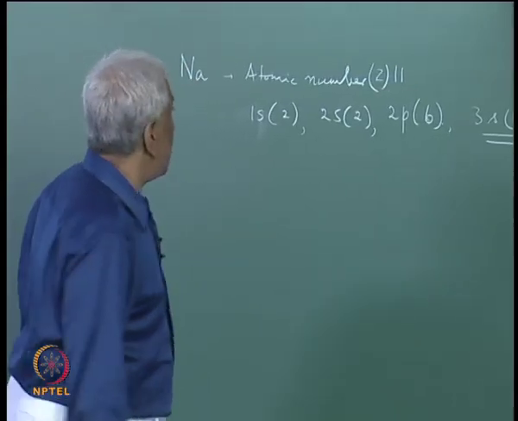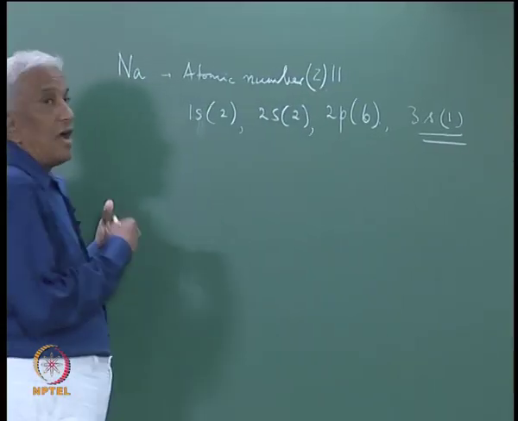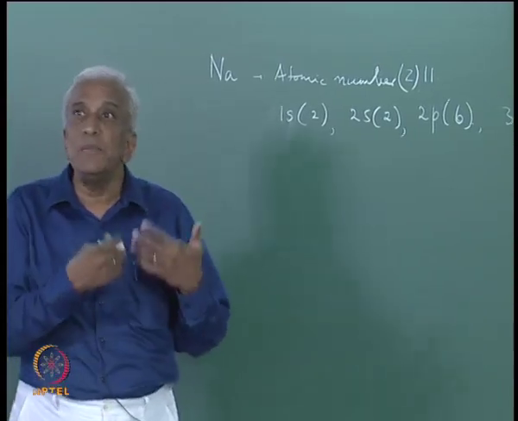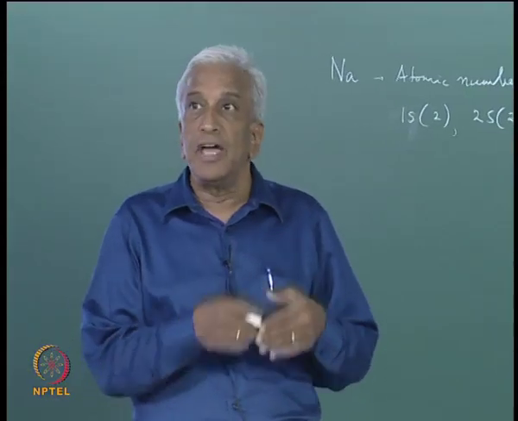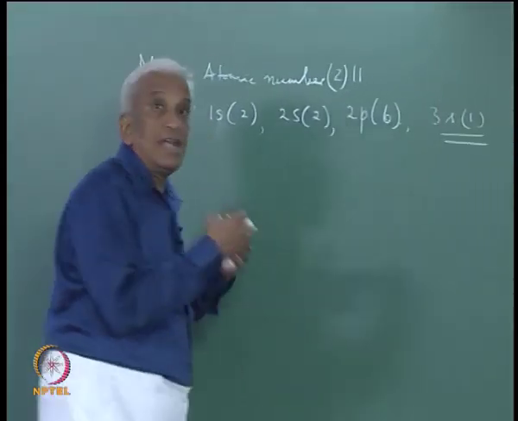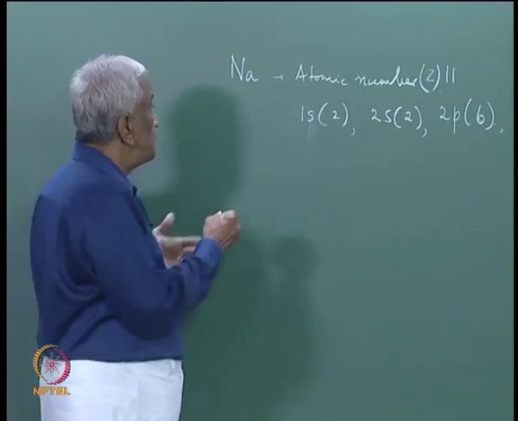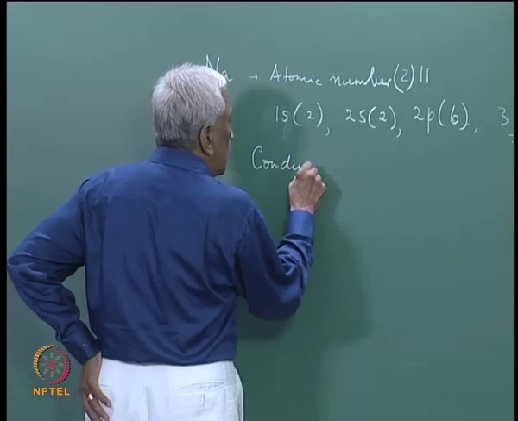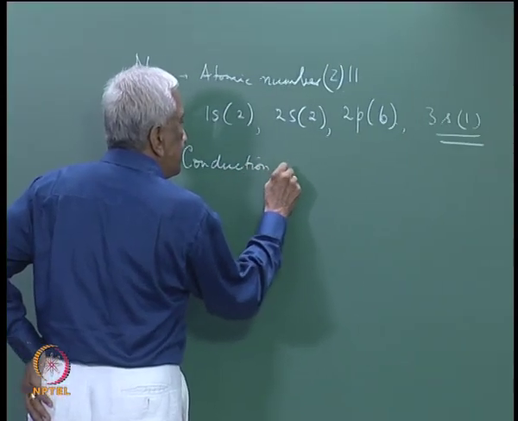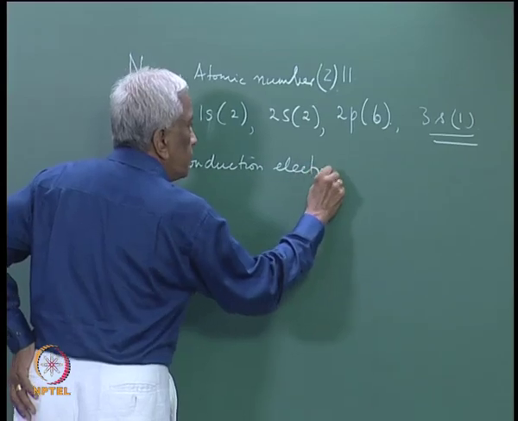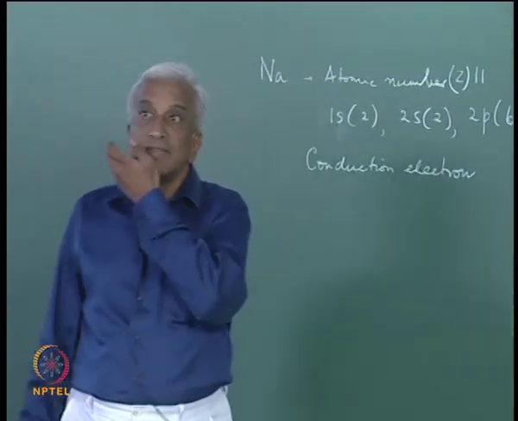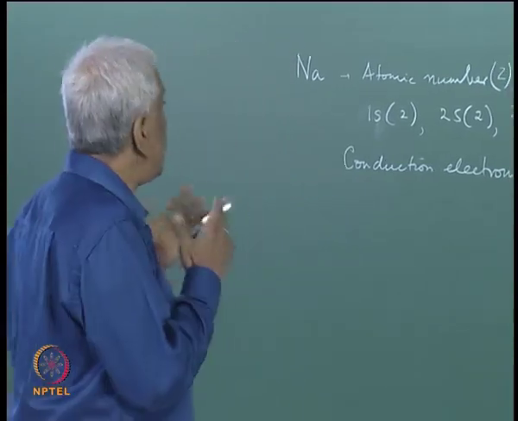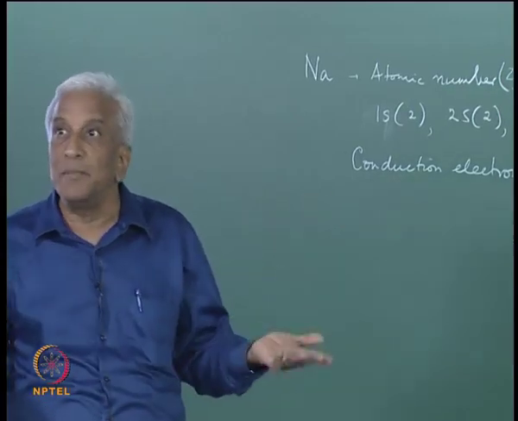The outermost electron is available for conduction, because it is rather weakly bound to the parent atom and therefore can be ionized rather readily. This outermost electron is known as the conduction electron, because it gets ionized and becomes free to wander around inside the metal.